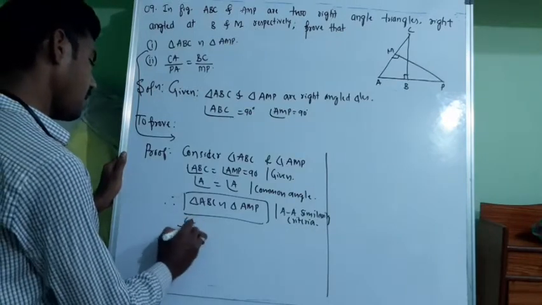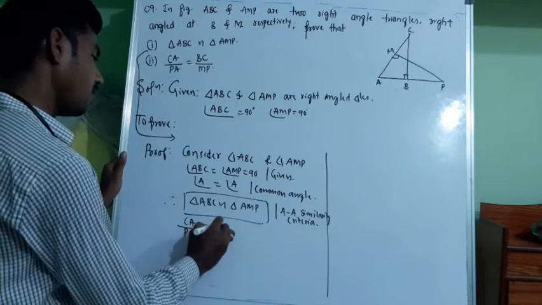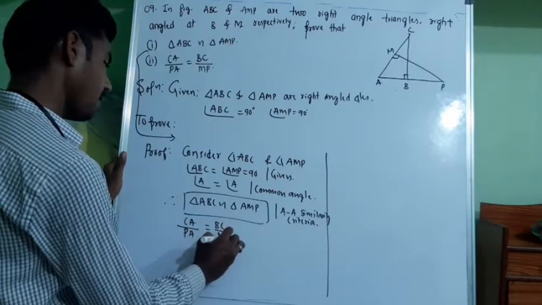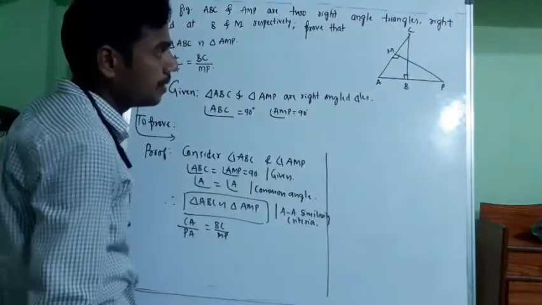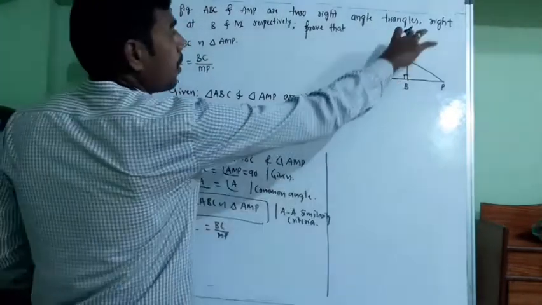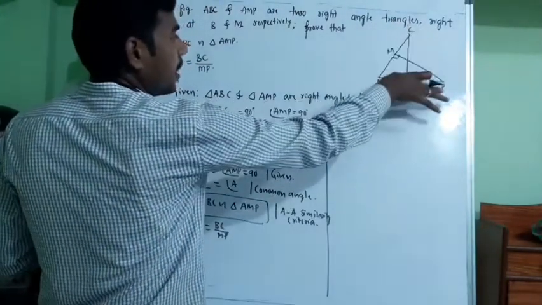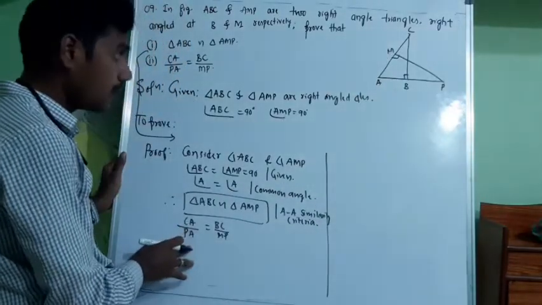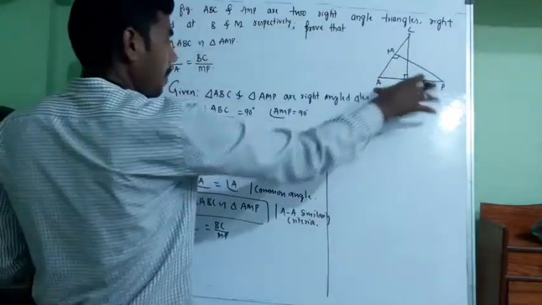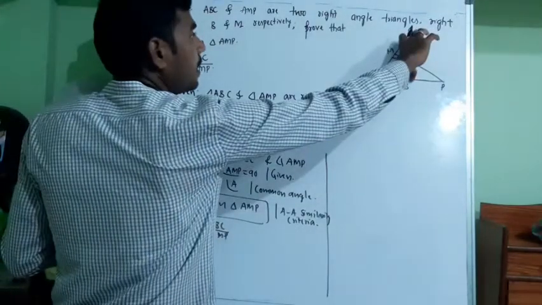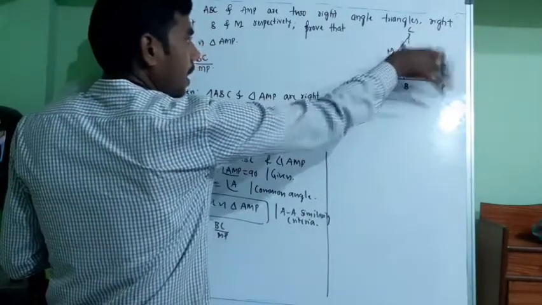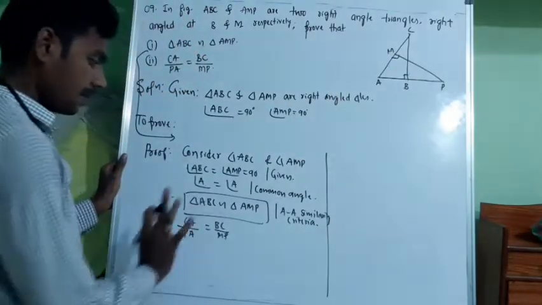Okay, now since these two triangles are similar, what can I write? CA by PA is equal to BC by MP. Where is CA? CA, PA are hypotenuse. CA by PA, and where is BC? Base BC, MP. So I have written.